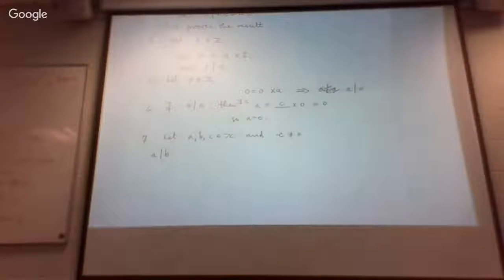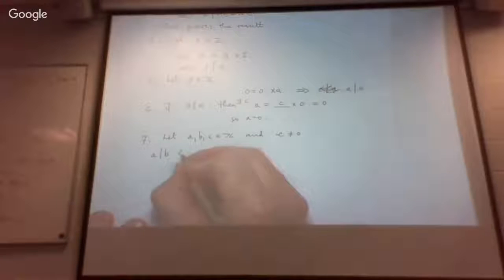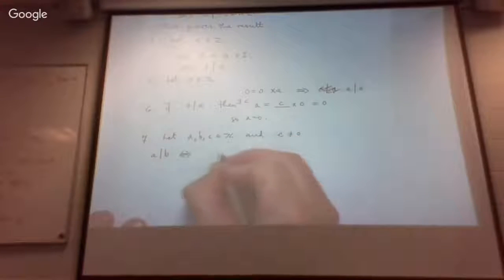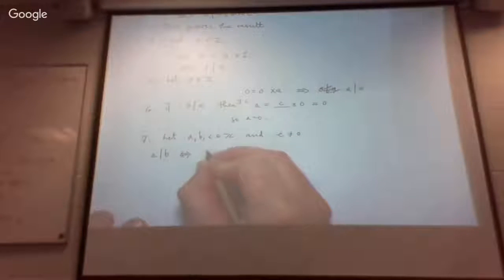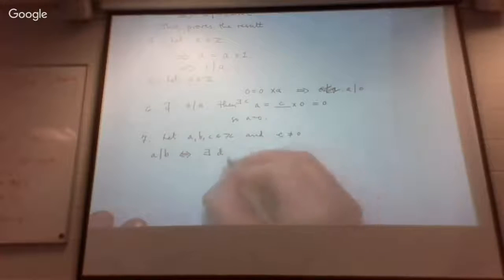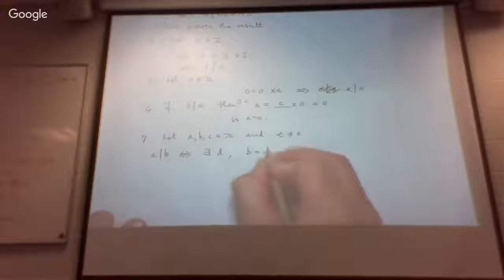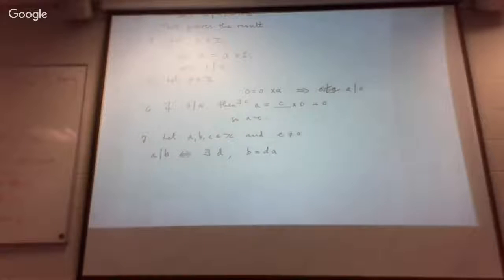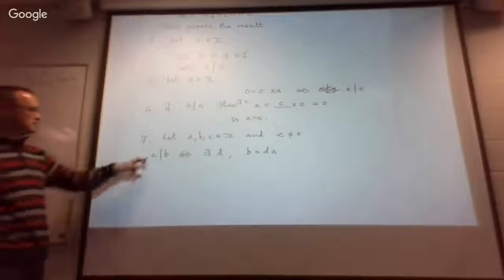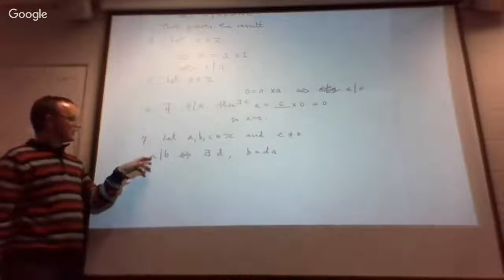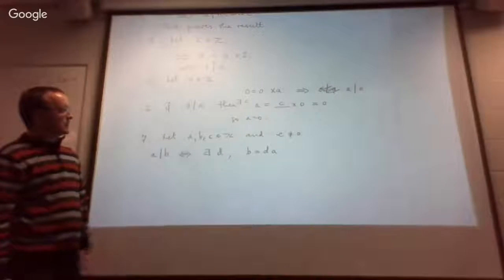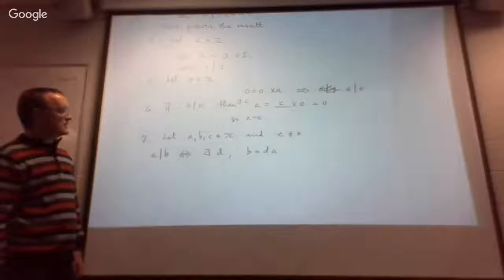So if and only if means it's a logical equivalence. We want to show that the two statements are exactly the same. And once you unravel the definition of one of them, that A divides B, you'll see the way to proceed.